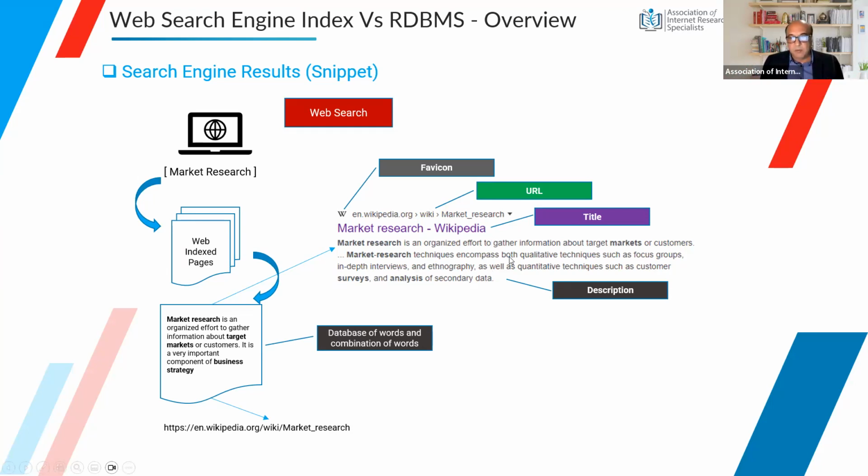In the description, we get a lot more information. We get more details. There are a lot of ways in which these description areas are set by Google. And we are specific to Google.